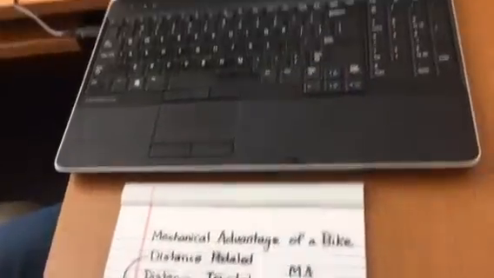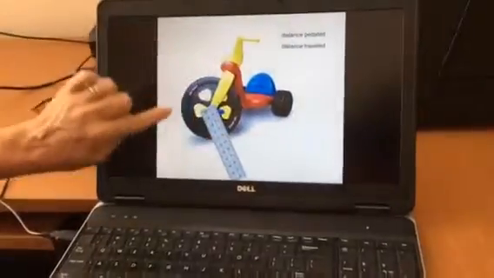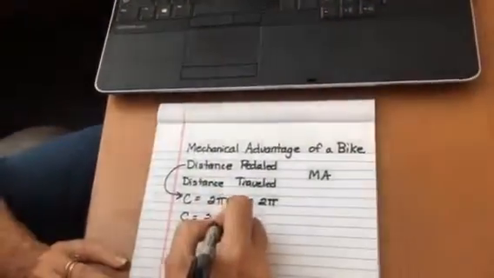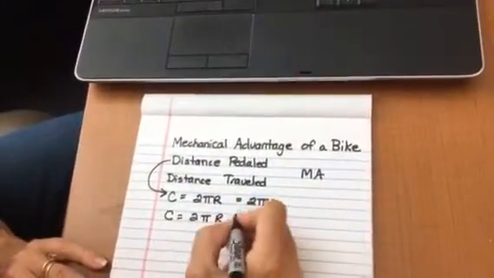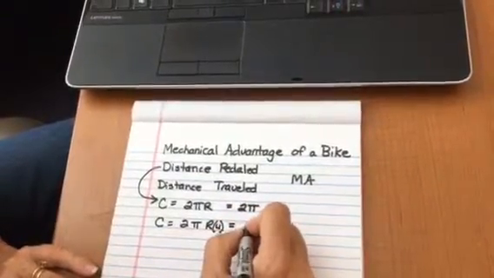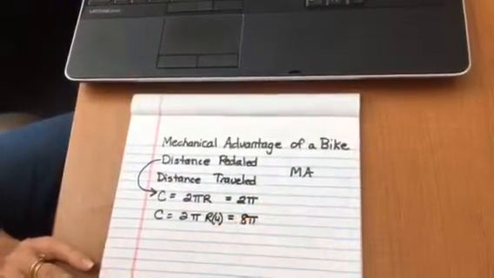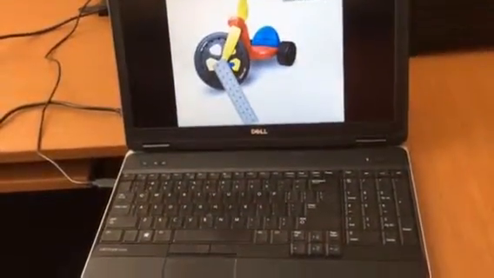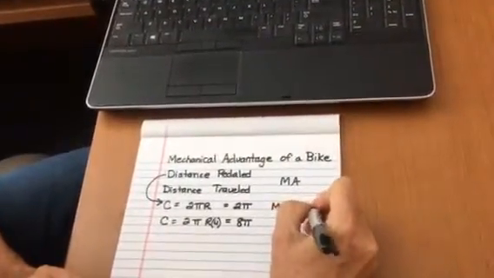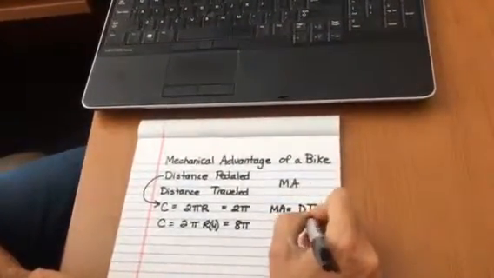Now we'll look at the distance traveled. That would be the circumference of the big wheel. So here we see the radius is 4. So the circumference in that case would also be 2 pi r, and the radius being 4, which is 8 pi. So if we want to do our mechanical advantage, we do the distance traveled divided by the distance pedaled.